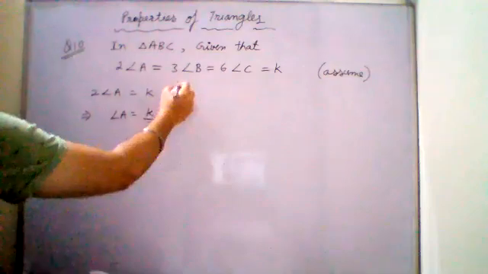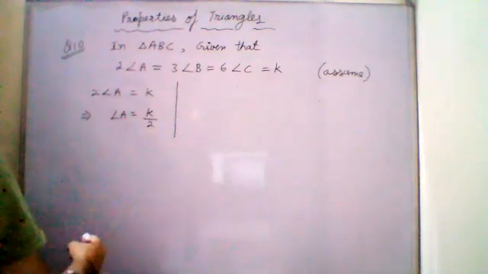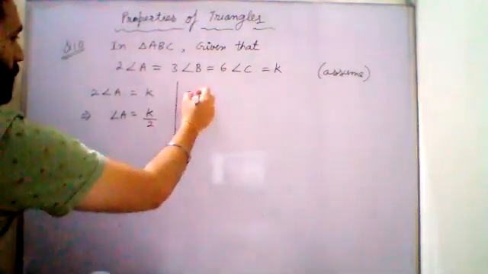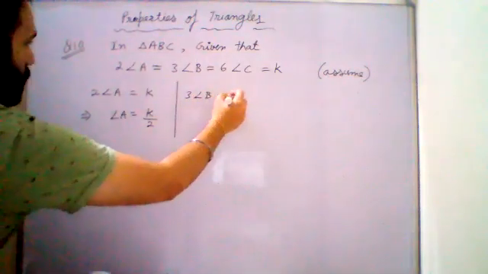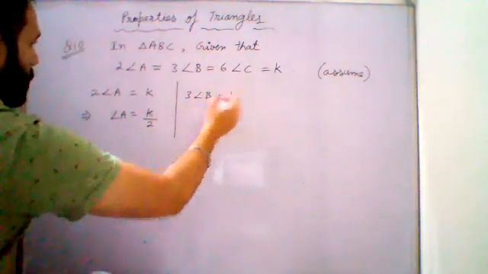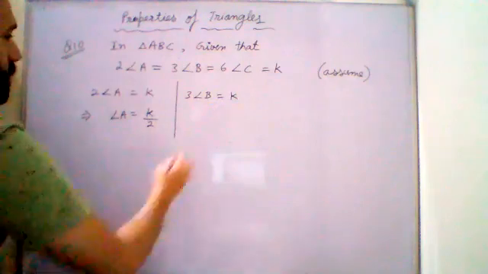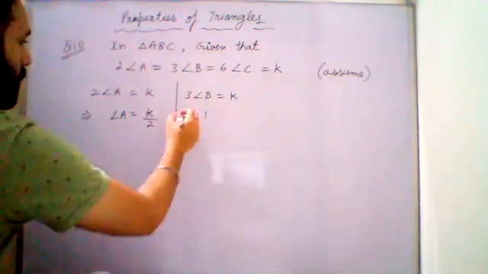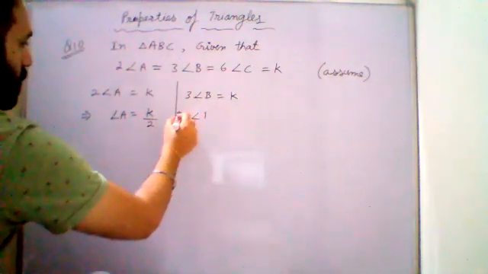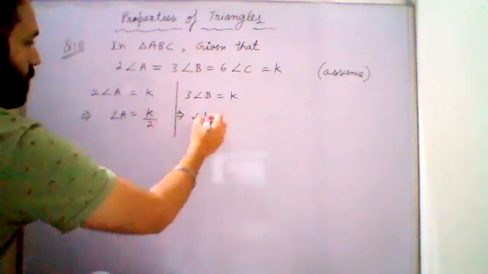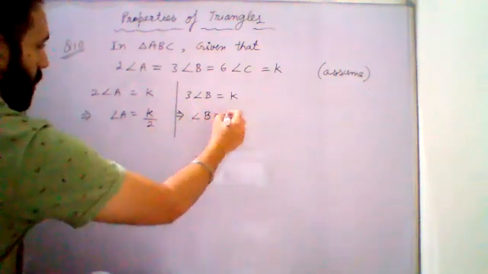Now, second thing, 3 angle B is also equal to K. Therefore, angle B is equal to K upon 3.